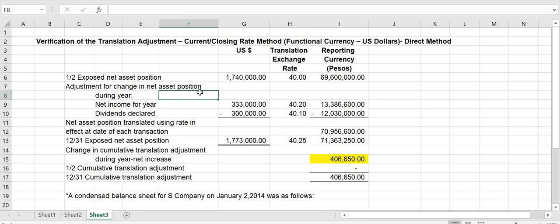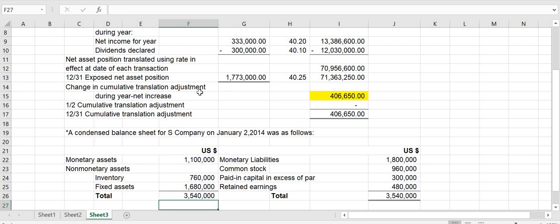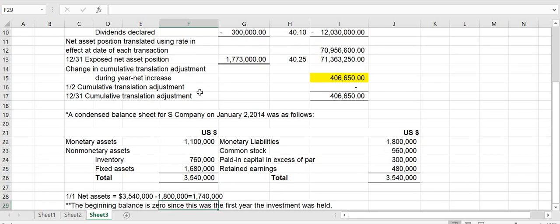Okay, so you have here exposed net asset position beginning. Kasi, as of January 2, 2014, these are our condensed balance sheet. So we have actually here total assets of 3,540,000 in US dollars. Then we have here our monetary liabilities of 1.8 million.